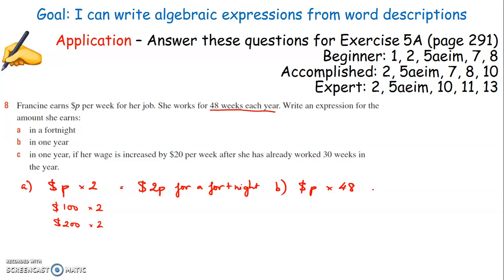Again, we can rewrite this to tidy things up, writing the number first, we have 48p. So this is for 1 year.